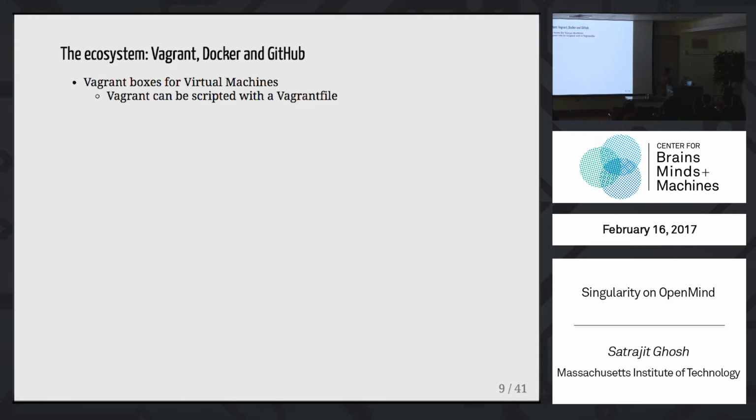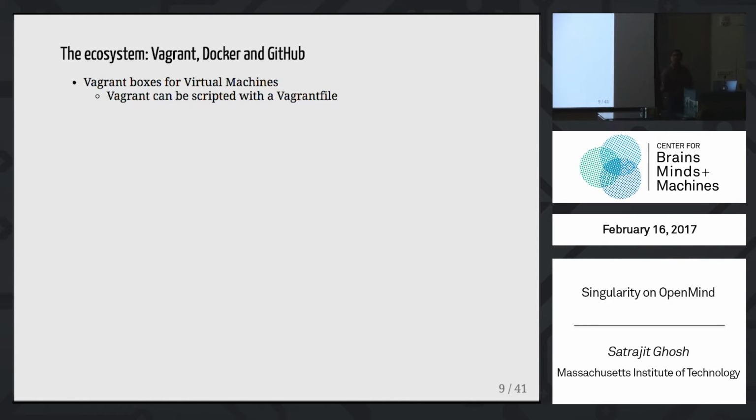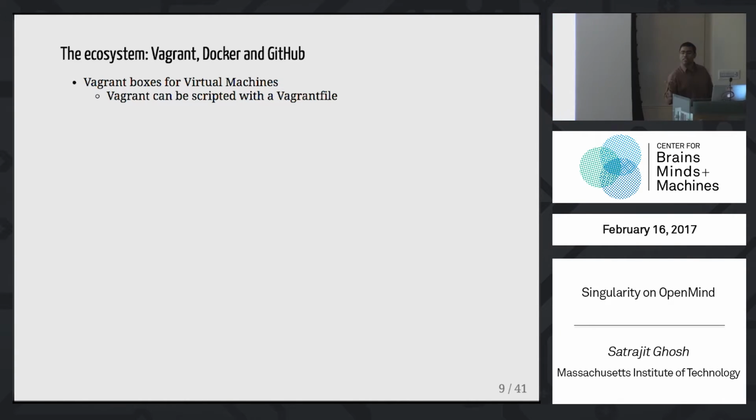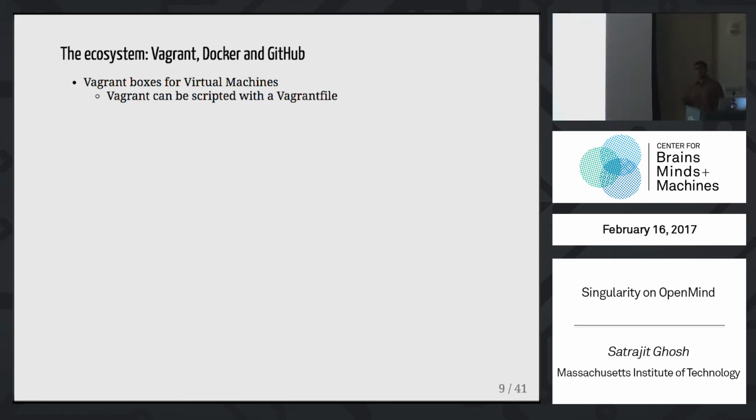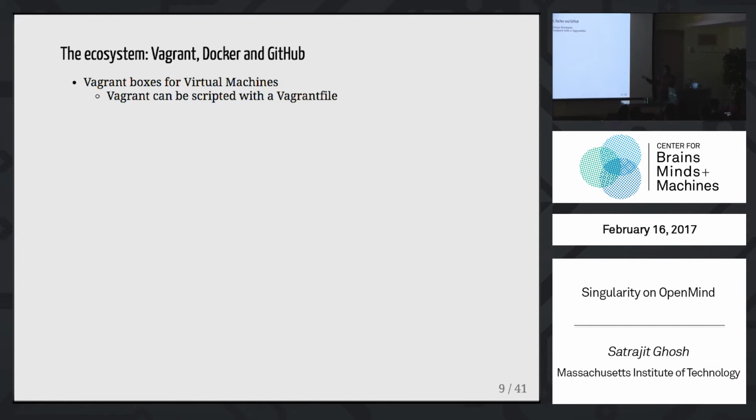Okay, so the ecosystem we have at hand is Vagrant and Docker. Since all of you are logged into OpenMind, or will be once you get your account, you know what GitHub is. There are two pieces. There's github.com, which is GitHub's main enterprise site.